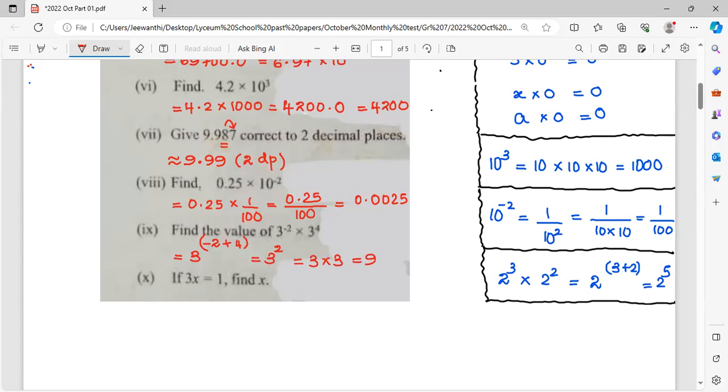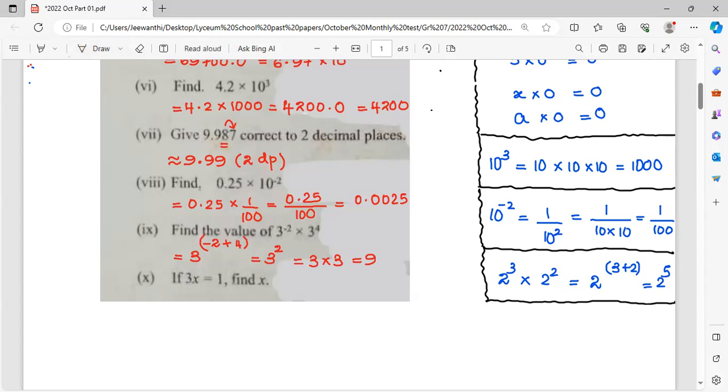First, as I have multiplication and the same base value, I can add the indices. So I just wrote negative 2 add 4. When you have numbers like this to add or subtract with different signs, you get the difference of the numbers and use the sign of the higher digit.